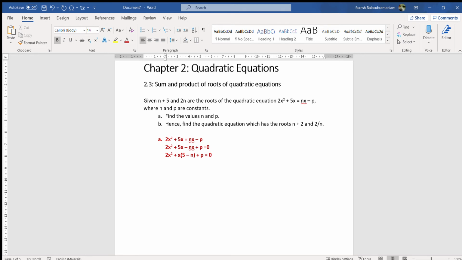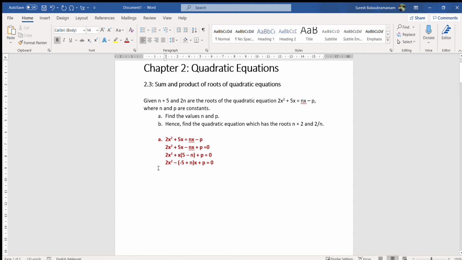Okay, so now I need to, 2x square. I'll just need to put a negative here, so in bracket, negative 5 plus n, x plus p equals 0. Why did I change that from positive to negative?